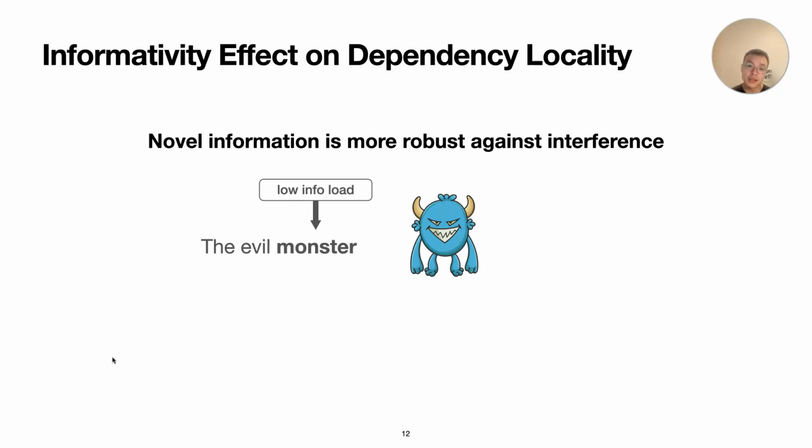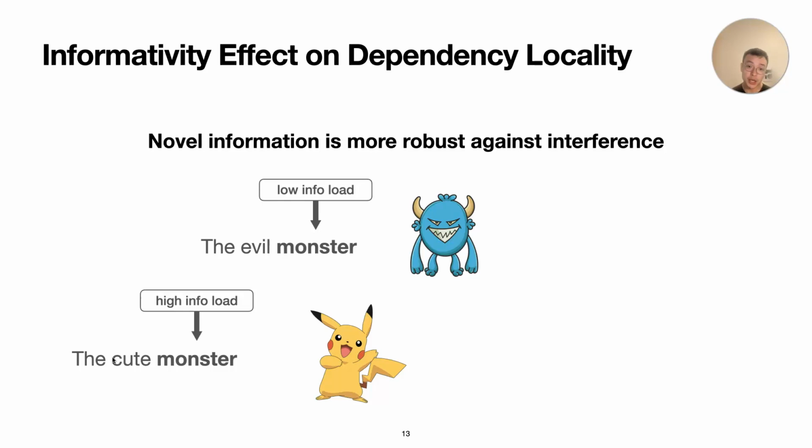Based on our hypothesis of strategic memory allocation, this evil monster should be less prioritized for working memory compared to a cute monster, which is a less typical type of monster and less predictable. The consequence of this contrast is that the cute monster should receive a more robust and enhanced memory representation compared to the evil monster.